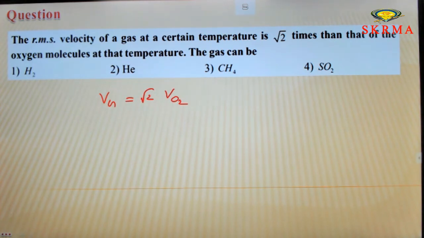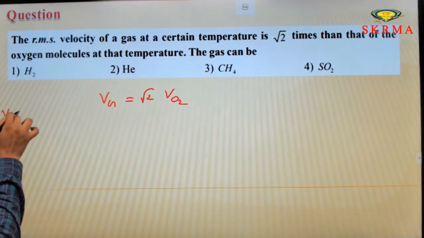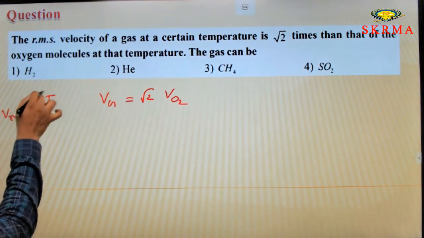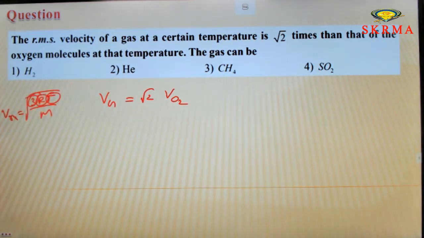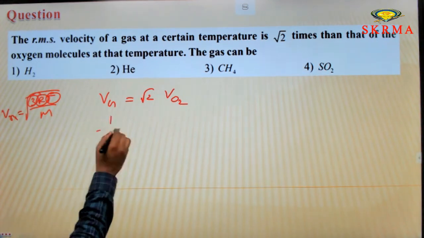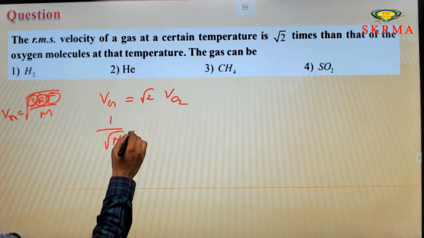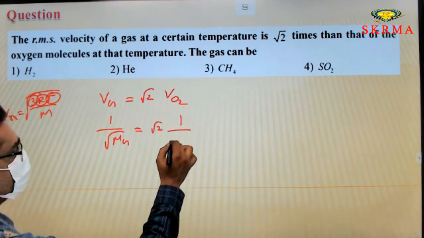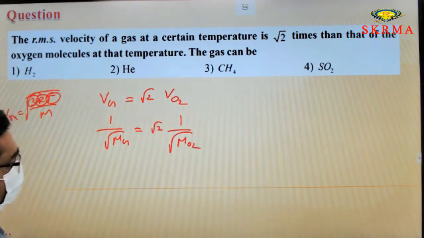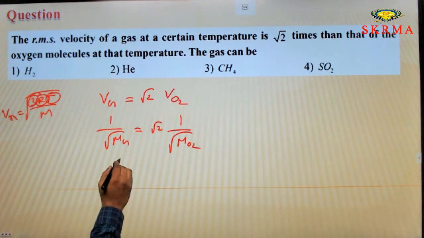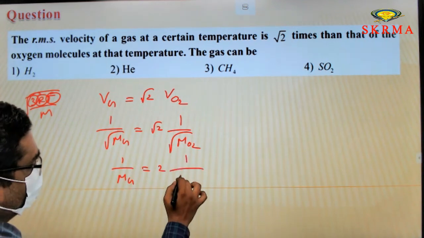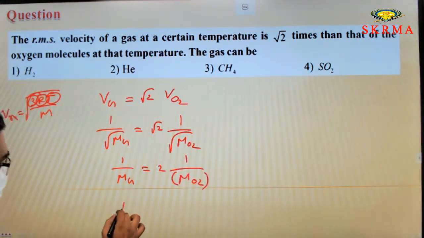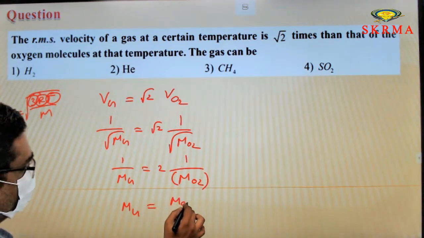Temperature is the same. The V RMS formula is square root of 3RT by M. So temperature is constant, R is constant, 3 is constant, so it is only inversely proportional to M. So 1 by root mass of the gas equals root 2 into 1 by square root mass of the oxygen. Now 1 by mass of the gas is equal to 2 into 1 by mass of oxygen. Mass of the gas equals mass of the oxygen by 2.